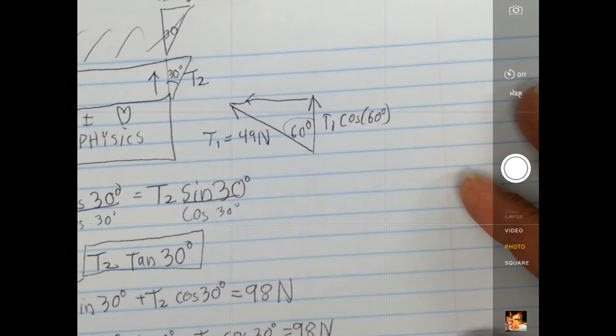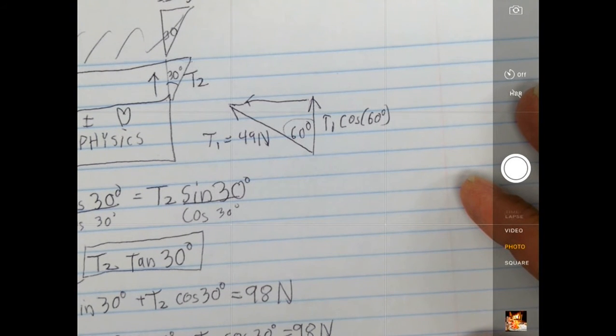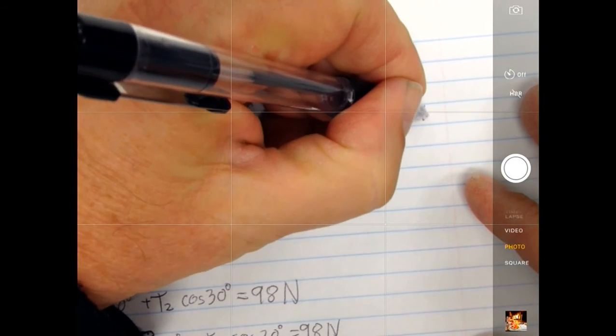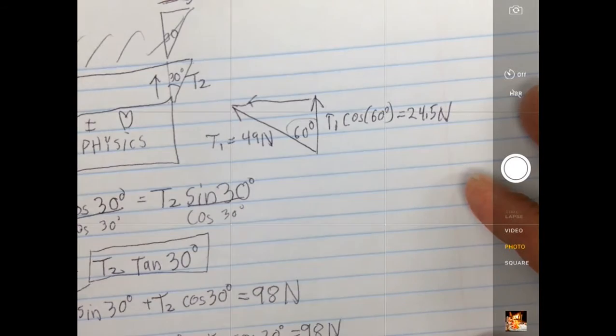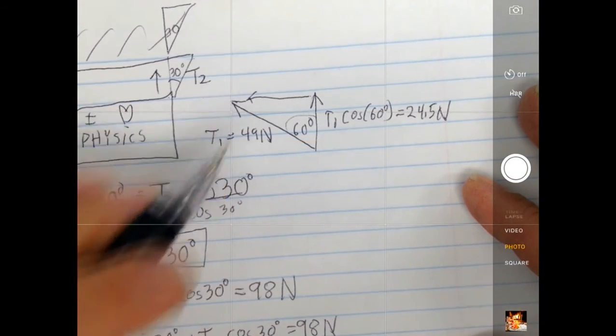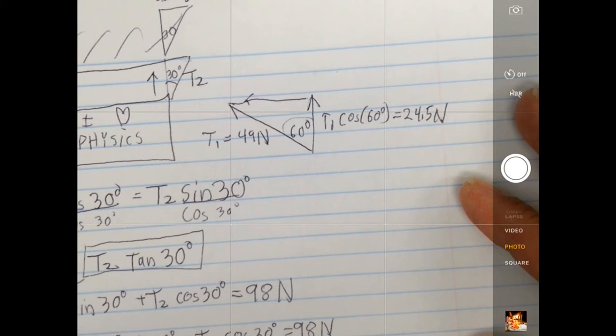And I feel like putting that into my calculator. 49 cosine 60 degrees is 24.5 newtons. 49 sine of 60 degrees should be half of that, or whatever.